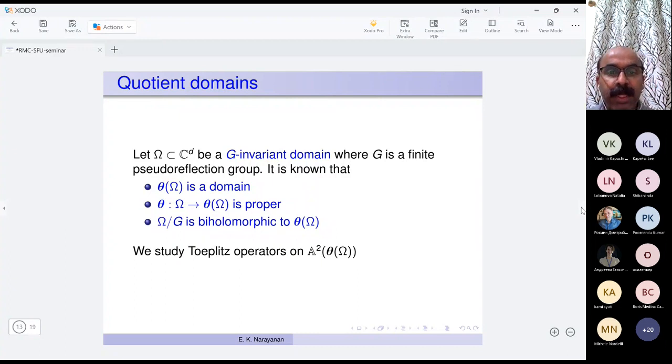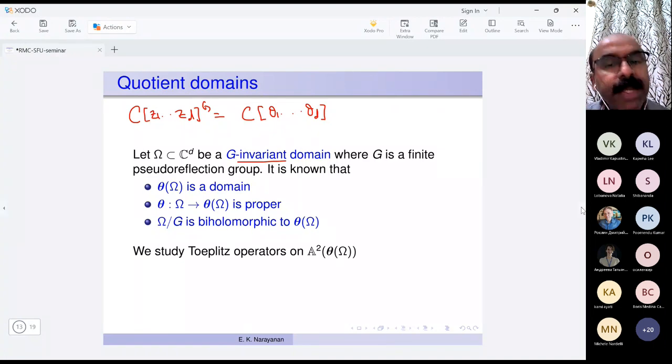So the θ's come from the Chevalley-Shephard-Todd theorem. Remember that the G-invariant ones are polynomials in these d polynomials. So I take a G-invariant domain Ω in C^d where G is a finite pseudo reflection group.